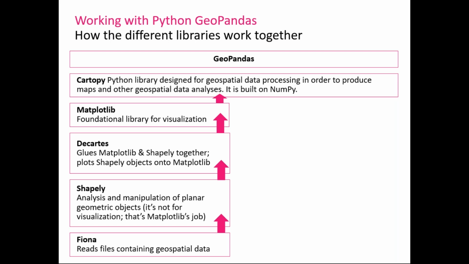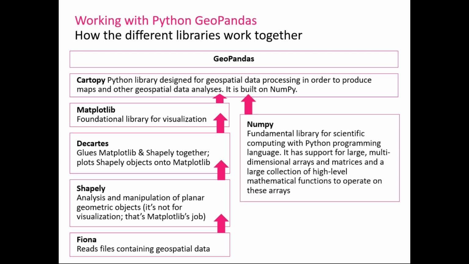CartoPy is the Python library designed for geospatial data processing in order to produce maps and other geospatial data analyses. And it's built on NumPy. And NumPy is the fundamental library for scientific computing with Python programming language. It has support for large multidimensional arrays and matrices and a large collection of high-level mathematical functions to operate on these arrays.